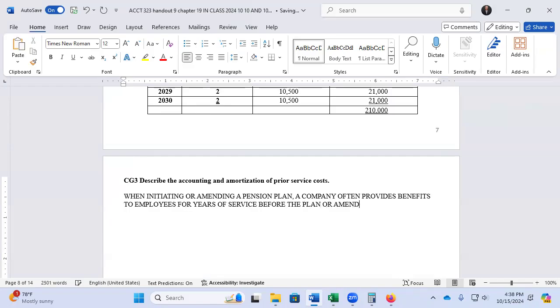Plan or amendment. Projected benefit obligation is increased to reflect this additional liability, which is often material or large.